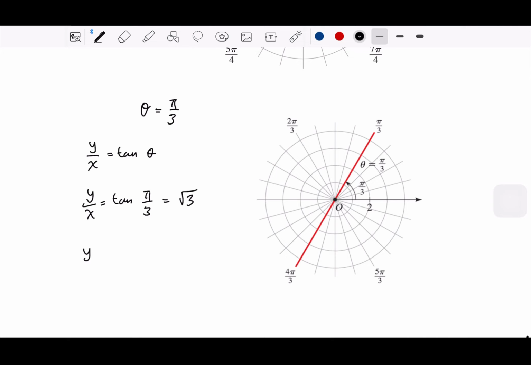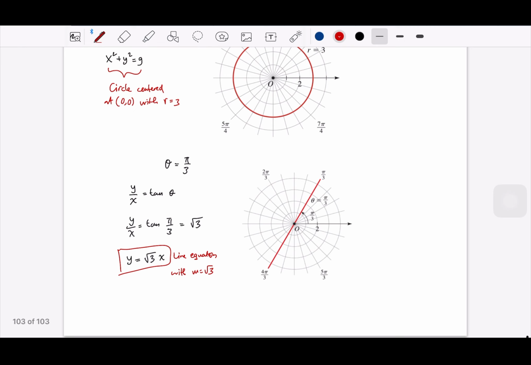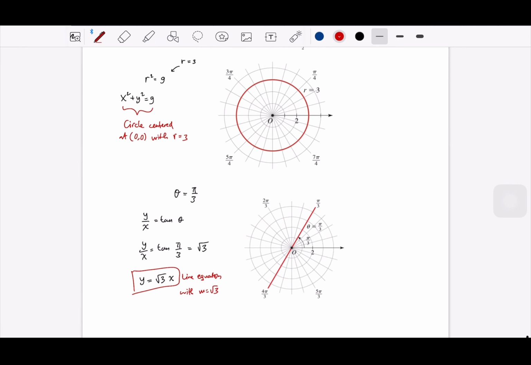So we have y equals square root of 3 x. So this is a line equation with slope square root of 3. Okay, so I hope you can get familiar with the polar curves.